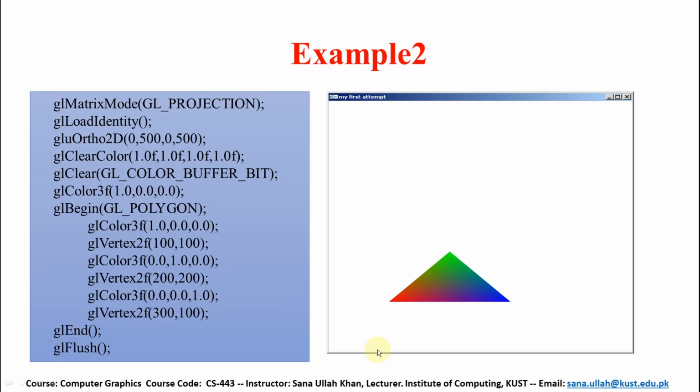X is 300, and y is 100. So a different color combination will be shown on this polygon.